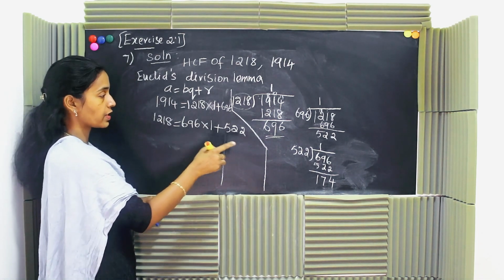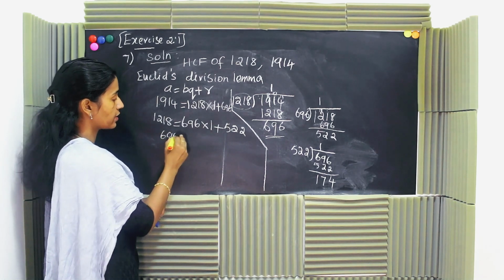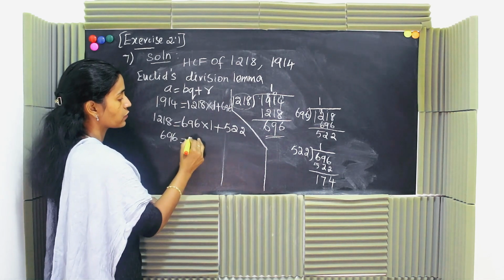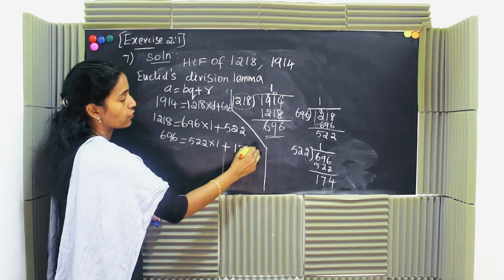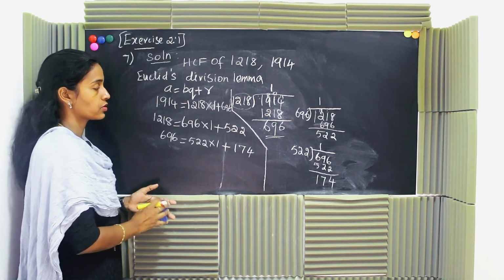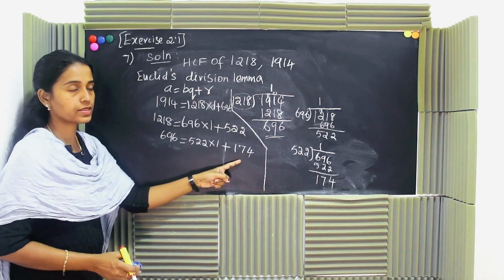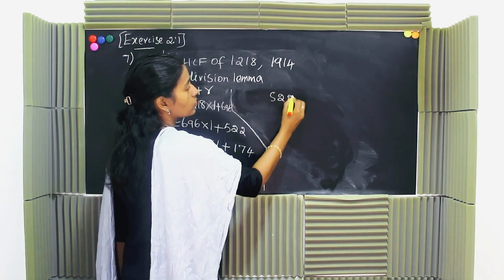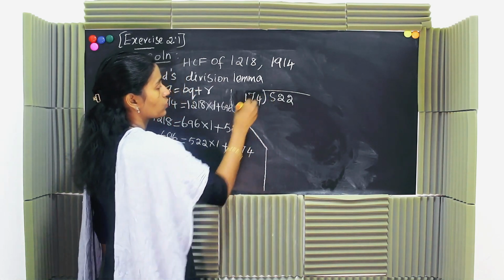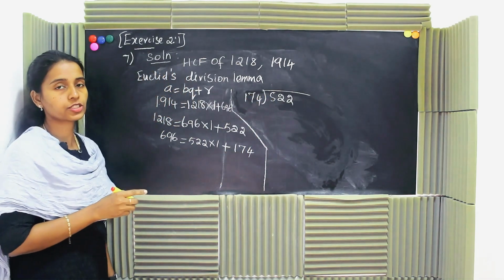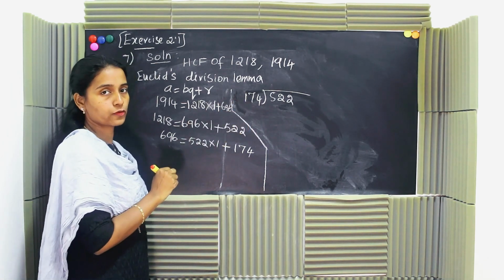Applying the values, the formula would be 696 equals 522 into 1 plus 174, right? So in the next step, this will be the divisor. In the next step, I should divide 522 by 174.